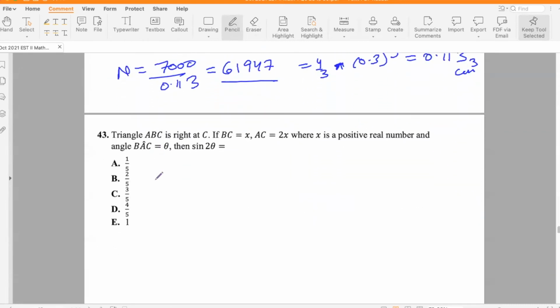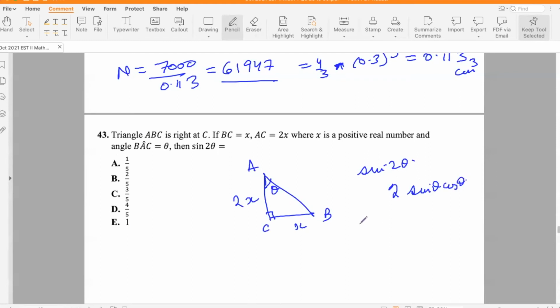Triangle ABC is right angled at C, okay. BC is x and AC is 2x. Okay, and angle BAC, this angle is theta. Then what is sine 2 theta? Okay. So sine 2 theta is 2 sine theta cos theta.